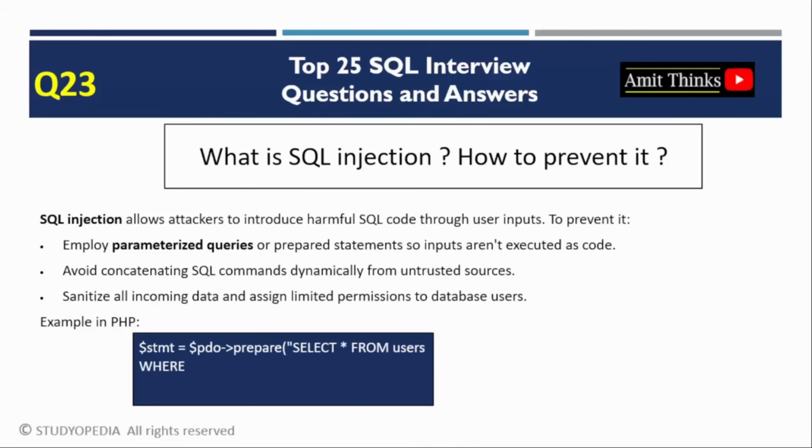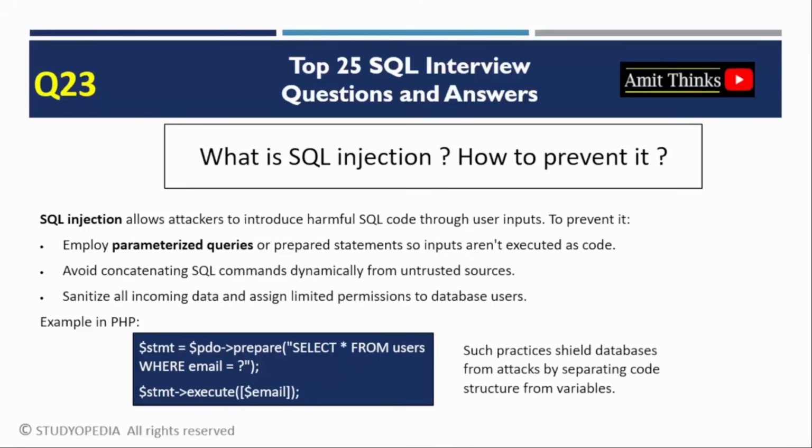Let us see a quick example in PHP to avoid SQL injection. This PHP code snippet is using PHP data objects to safely query a database for a user based on their email address. This ensures inputs are treated as data, not executable code.